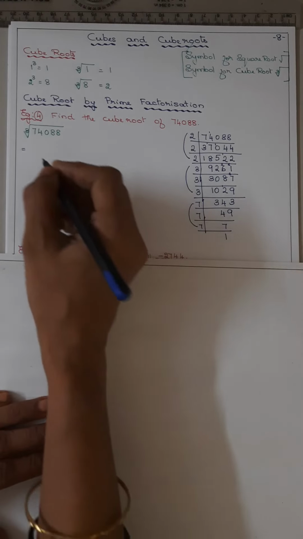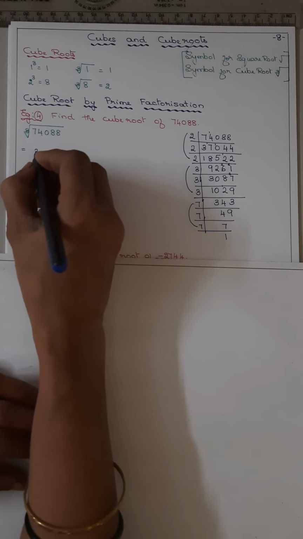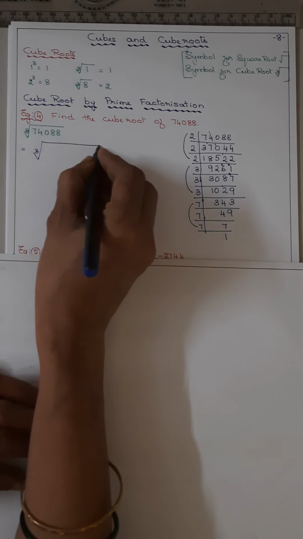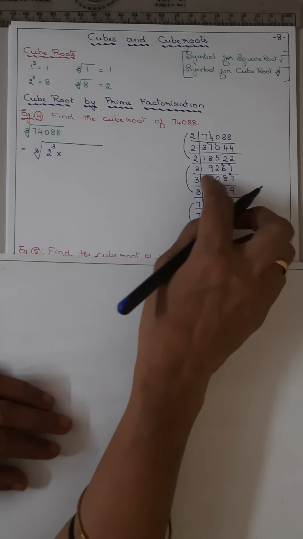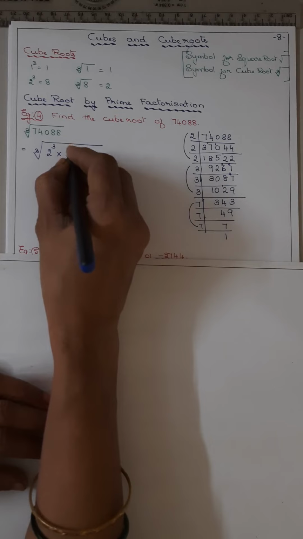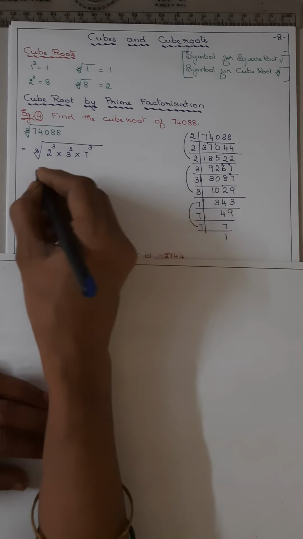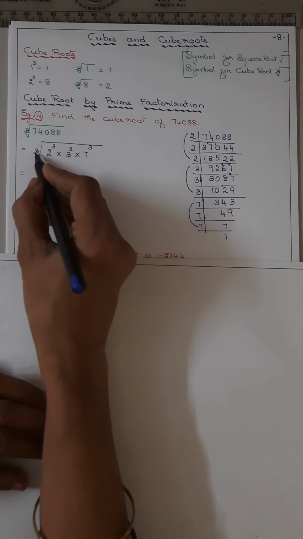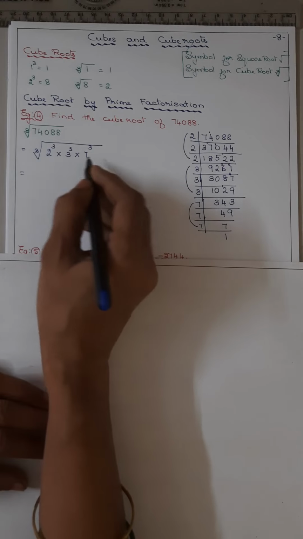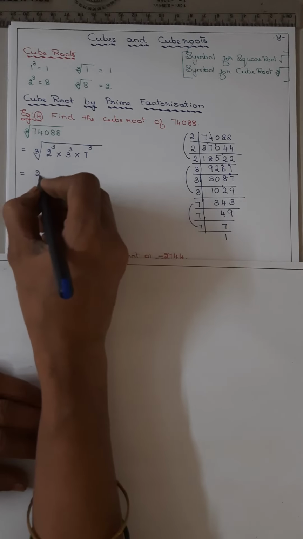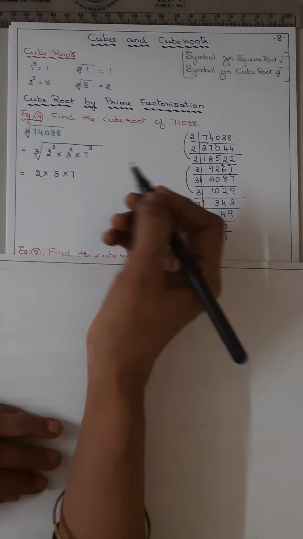Now you write the cube root of 74088 can be written as cube root of 2 cube into 3 cube into 7 cube. Now this cube root and cube get cancelled and you write only the bases.